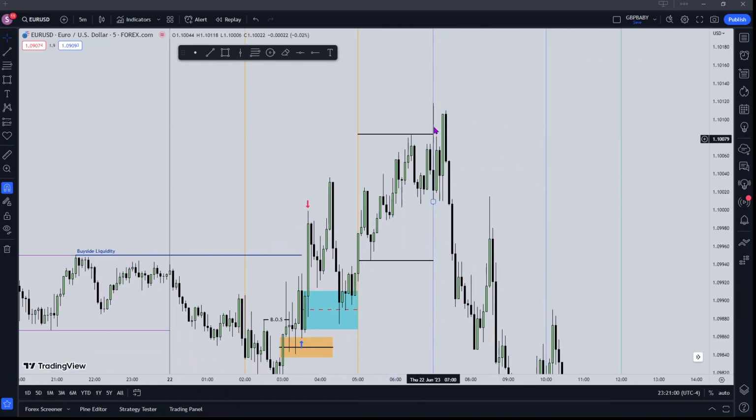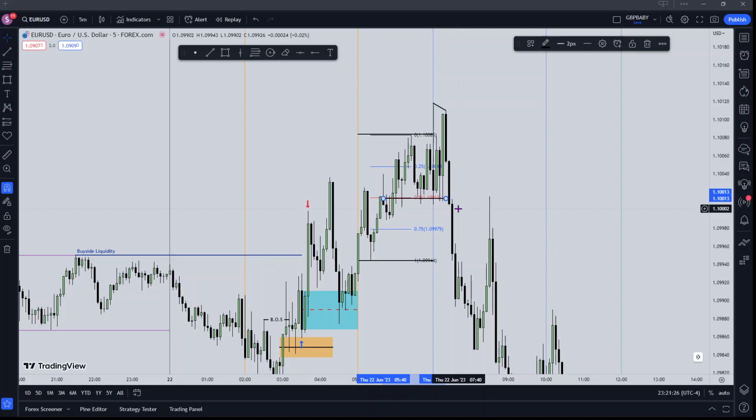You can see we run for that. As soon as New York opens, we take out that buy side liquidity resting here, and then we fail to take out this high here. Failure swing here, and then price aggressively breaks down, runs for the sell side, and then I'm also going to mark out the 50% level because I want to talk about this and how we actually trade back to that.